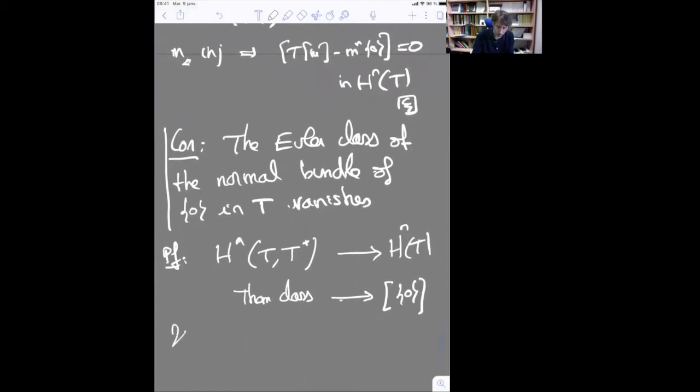And now remark that m times 0 is equal to 0. So if you compose the pullback map by m and take the zero section, then you have the same map as the pullback by 0.